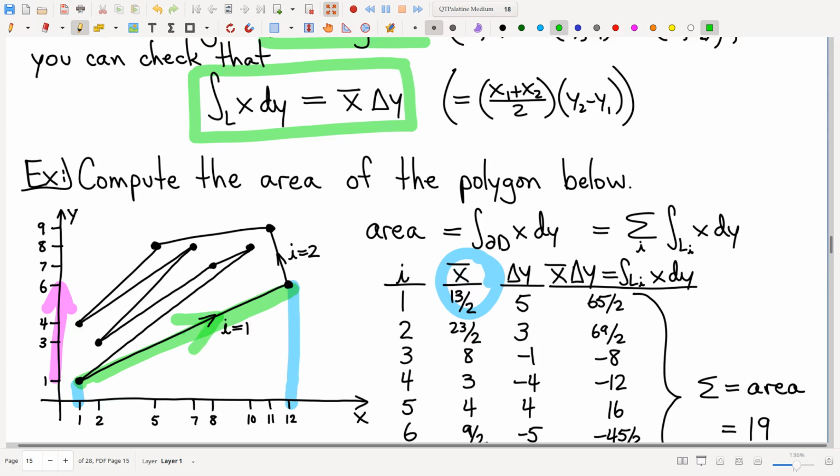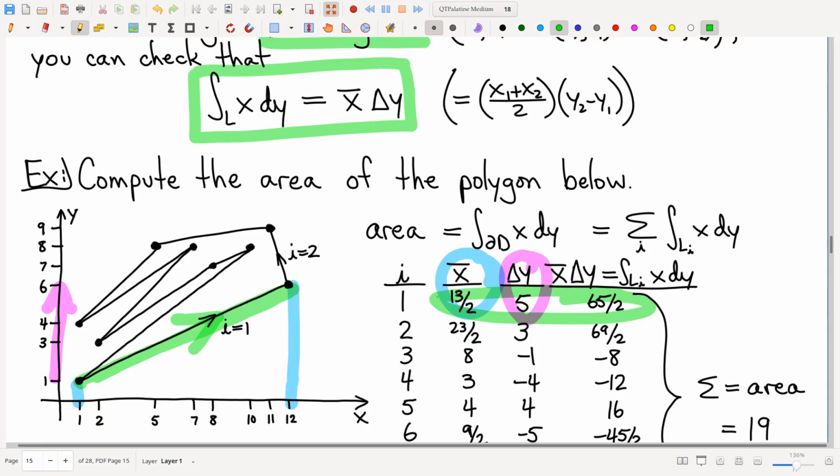On this edge, we're going up and to the right. And so as I traverse that edge, y increases by 5, from 1 to 6. And so the line integral on that piece is just x bar times delta y, which is 65 halves. And now repeat for the remaining line segments, and I've got the arithmetic here.